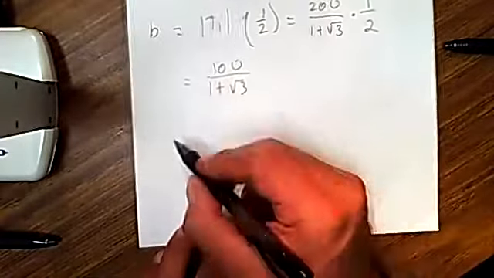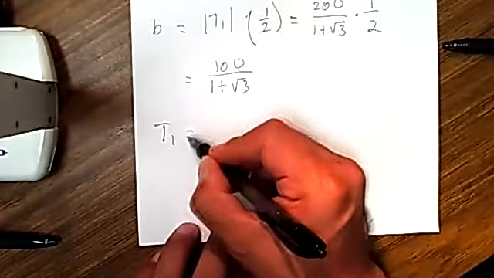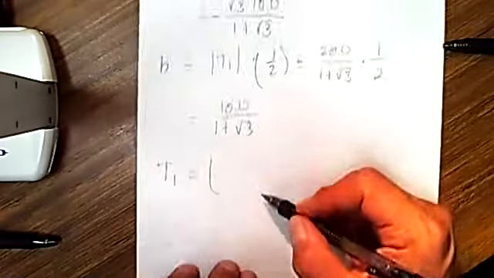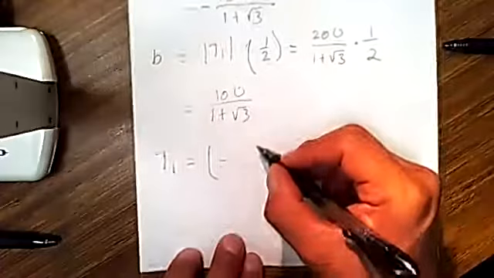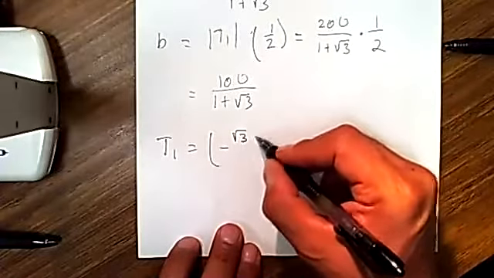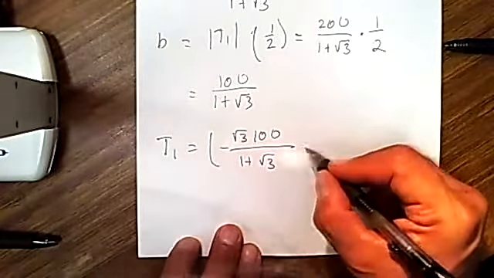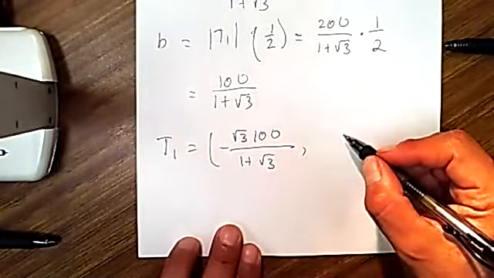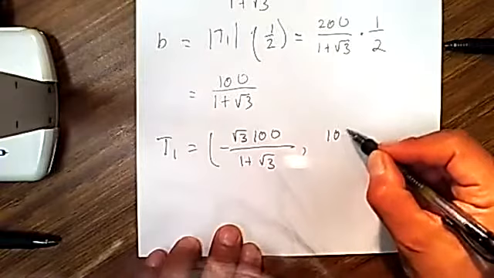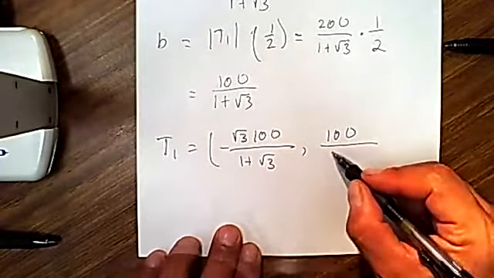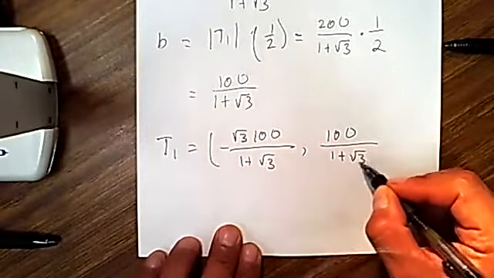So the tension 1 vector has components: A, negative square root of 3 times 100 over 1 plus the square root of 3, B, 100 over 1 plus the square root of 3.